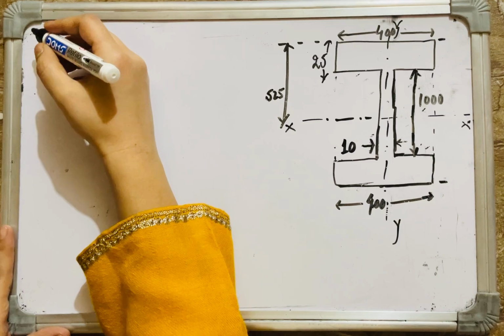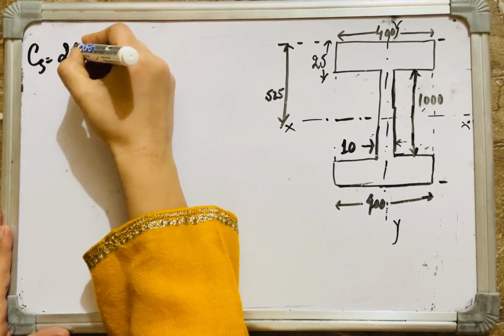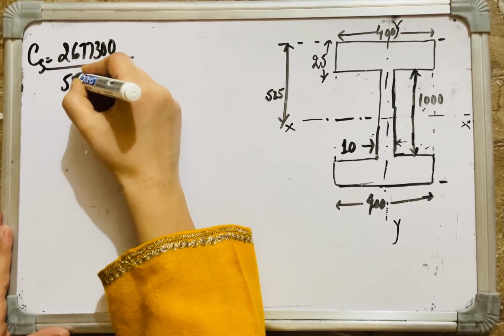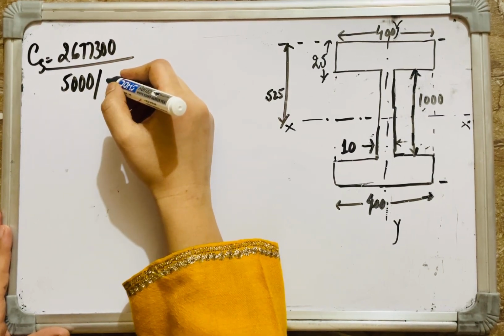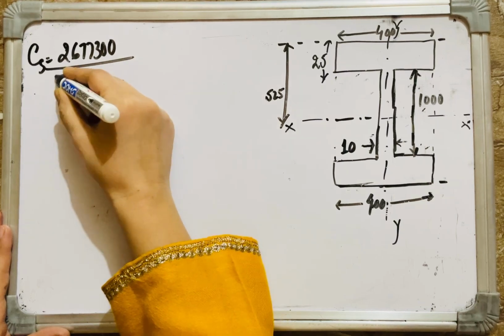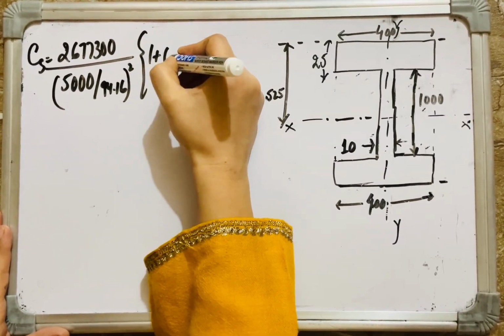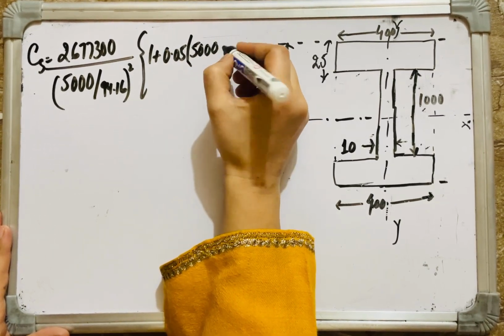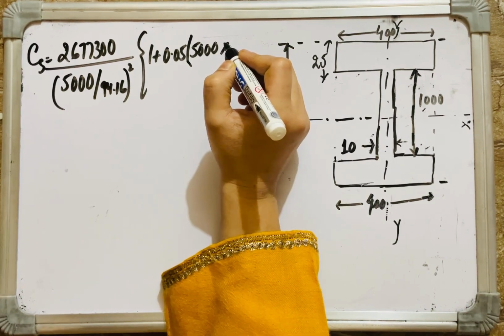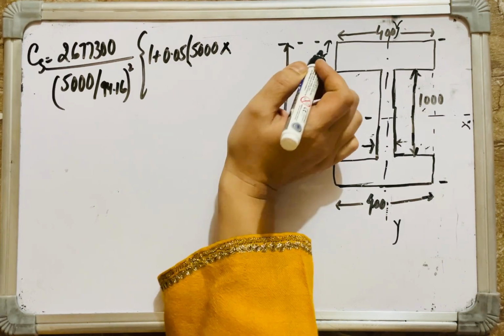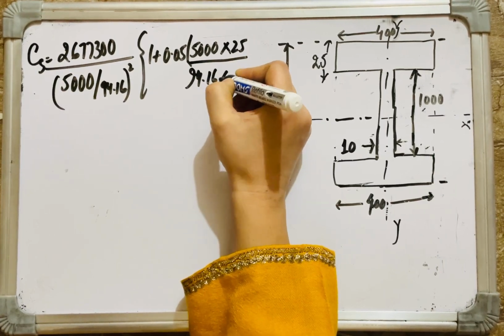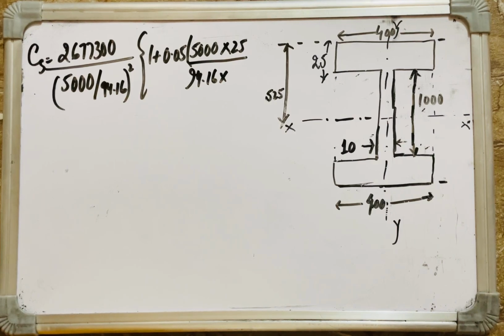Let us now calculate the elastic critical stress by the formula: 2,677,300 divided by L, where L is 5000, divided by Ry, we calculated our radius of gyration as 94.16 mm, square of it, 1 plus 0.05 times L, 5000, multiplied by T_C, the thickness of the compression flange, 25, divided by Ry, the radius of gyration, 94.16, multiplied by, in the formula we have D. All right, D is how much?